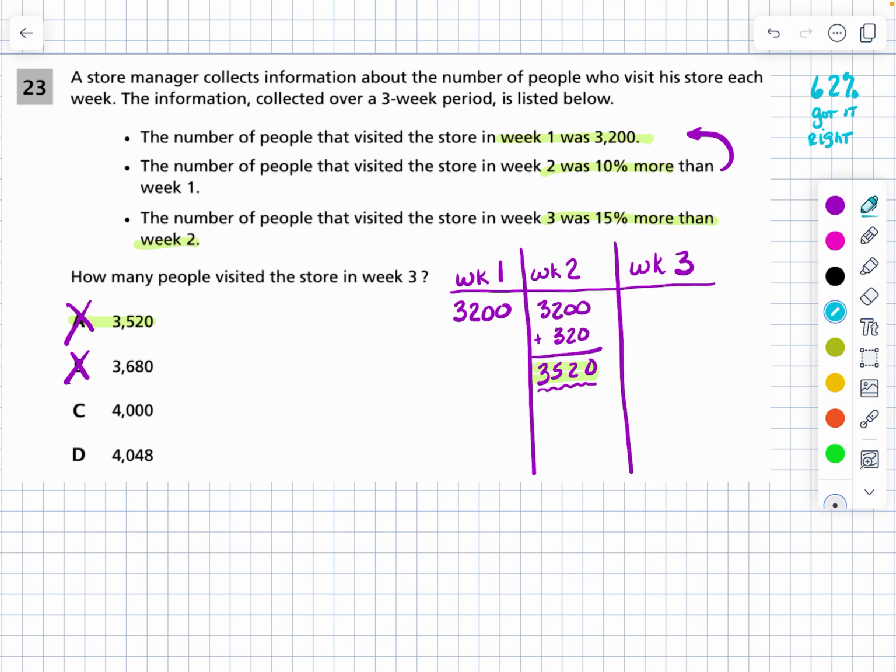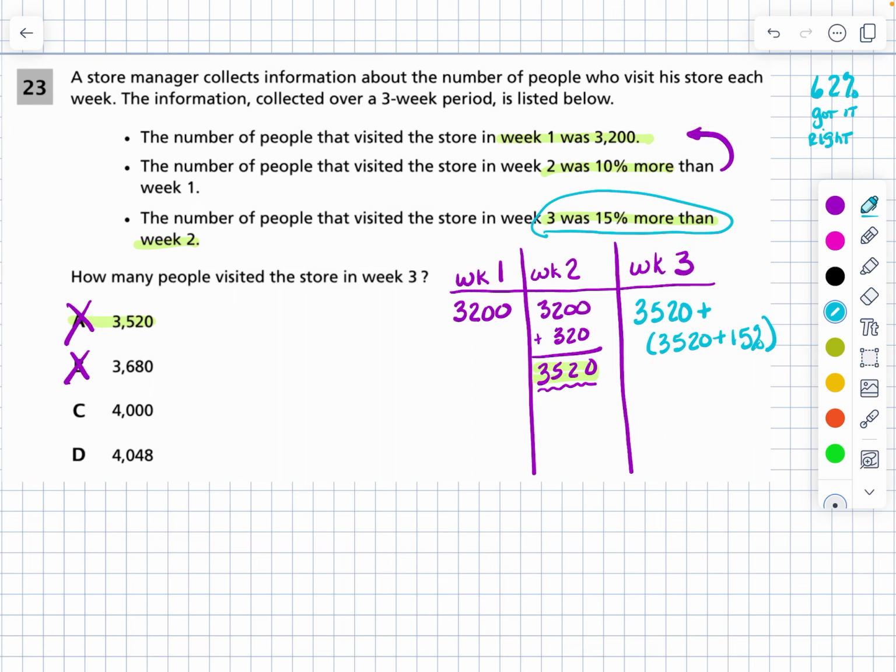Okay, now moving on. In week 3, it says week 3 is 15% more than in week 2. So week 2, we got 3,520. And we're going to add 15% of 3,520 because it's 15% more. In order to find 15%, we can do this in 2 ways.